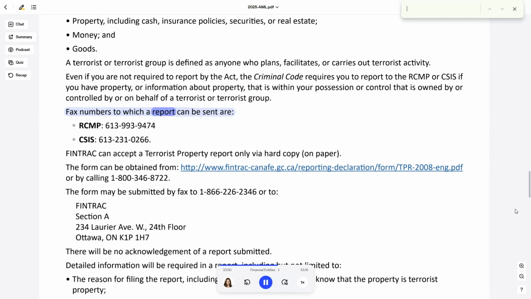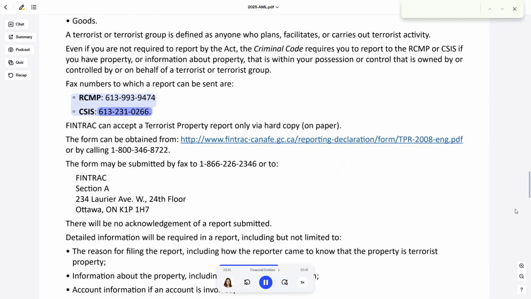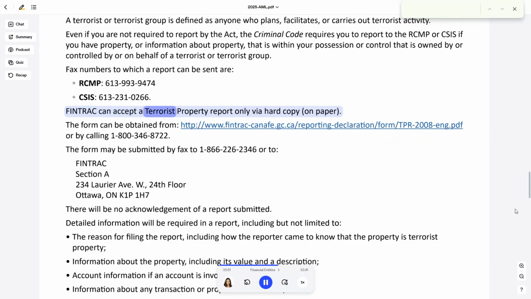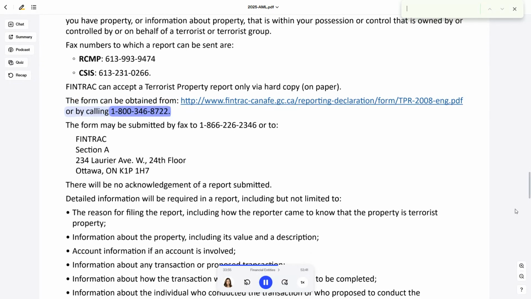Fax numbers to which a report can be sent are: RCMP, 613-993-9474; CSIS, 613-231-0266. FINTRAC can accept a terrorist property report only via hard copy on paper. The form can be obtained from www.fintrac-canafe.gc.ca/reporting-declaration/form/TPR-2008-eng.pdf, or by calling 1-800-346-8722.